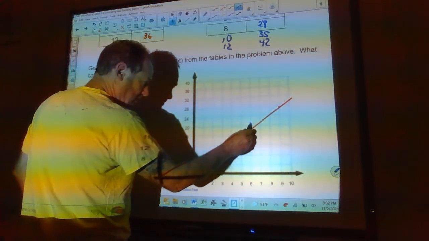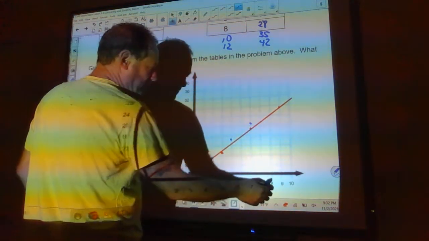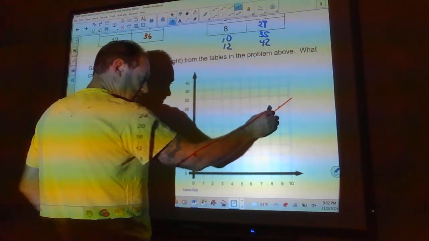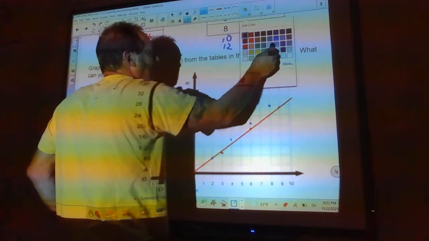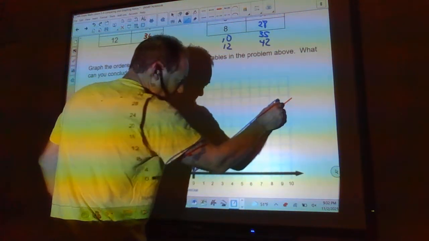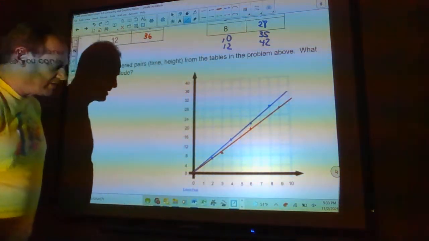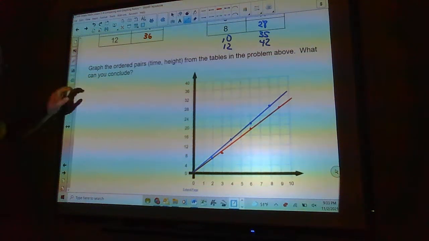It's going to be right here. 8 seconds is going to be 28. That's going to be right there. So you can see that this already rises at a faster rate. So it confirms what we got up here.